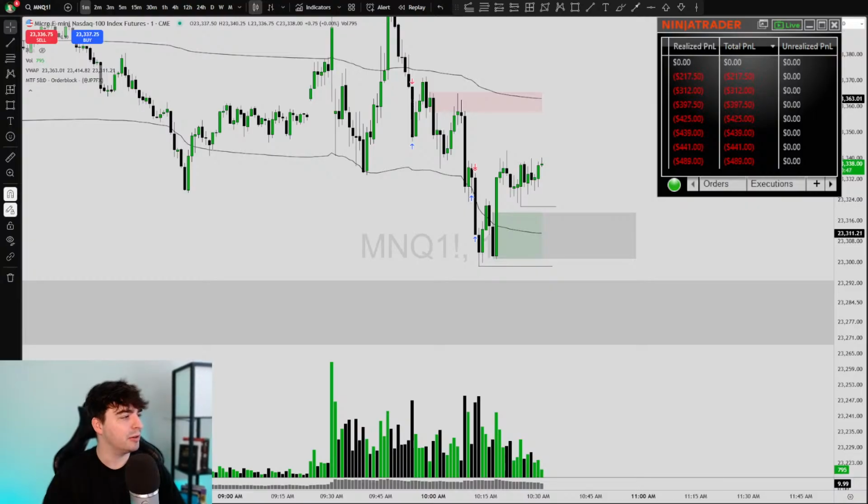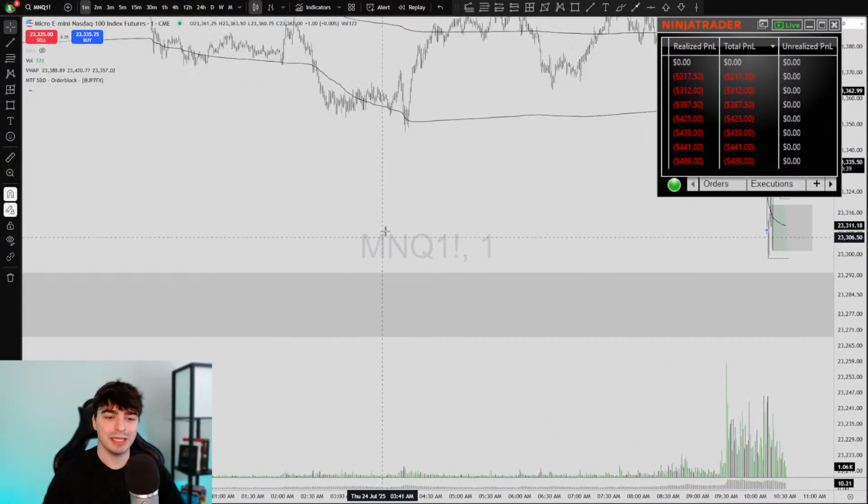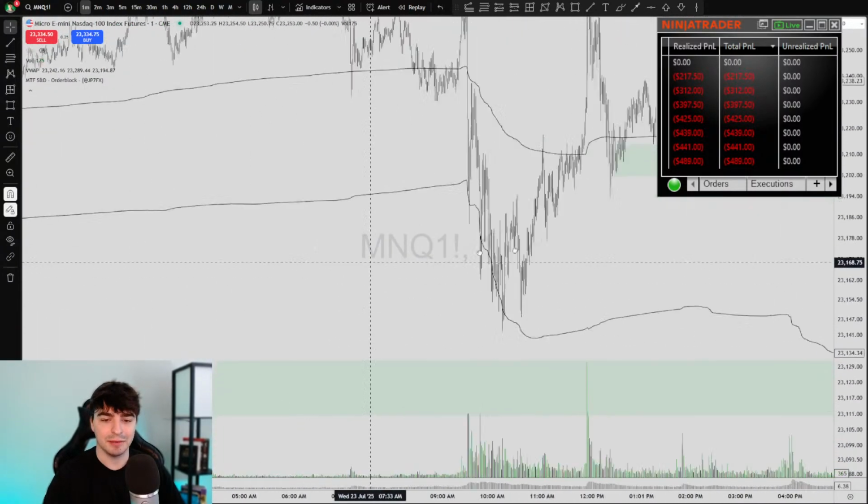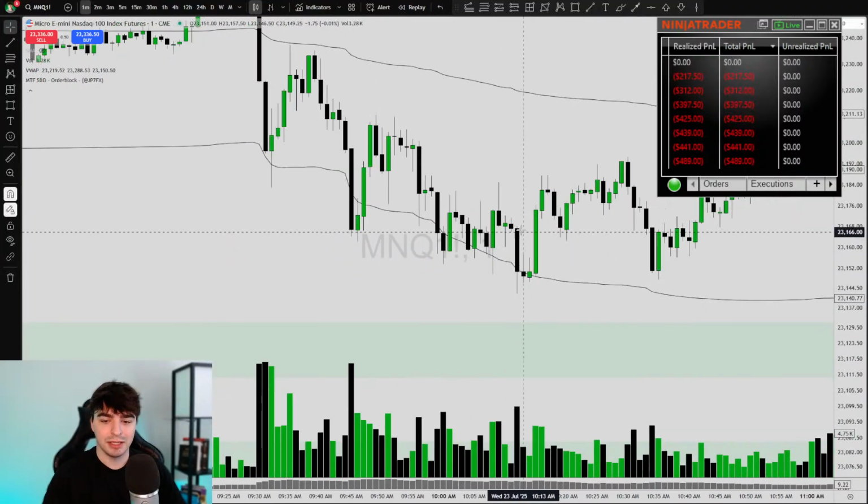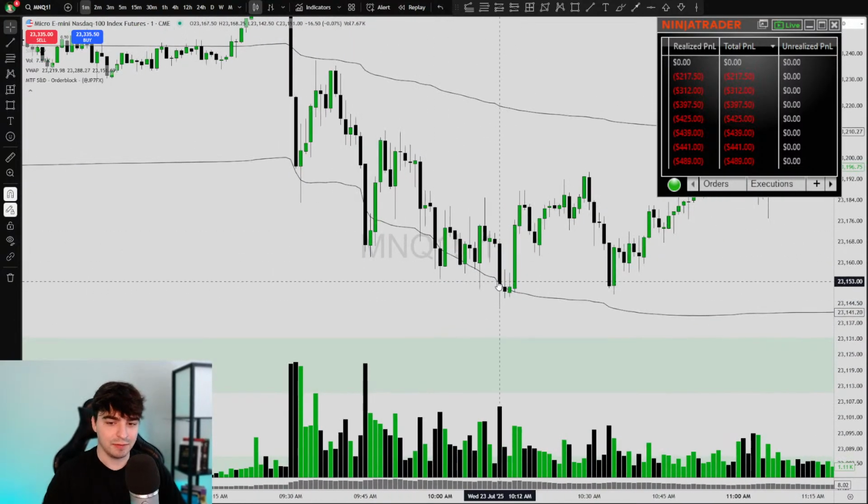How can you even know what's the bottom or top of the day? You don't know, obviously. But yesterday I had a good idea because we saw this massive volume come in after we swept these lows here, and we were at the bottom, the second standard deviation VWAP there.